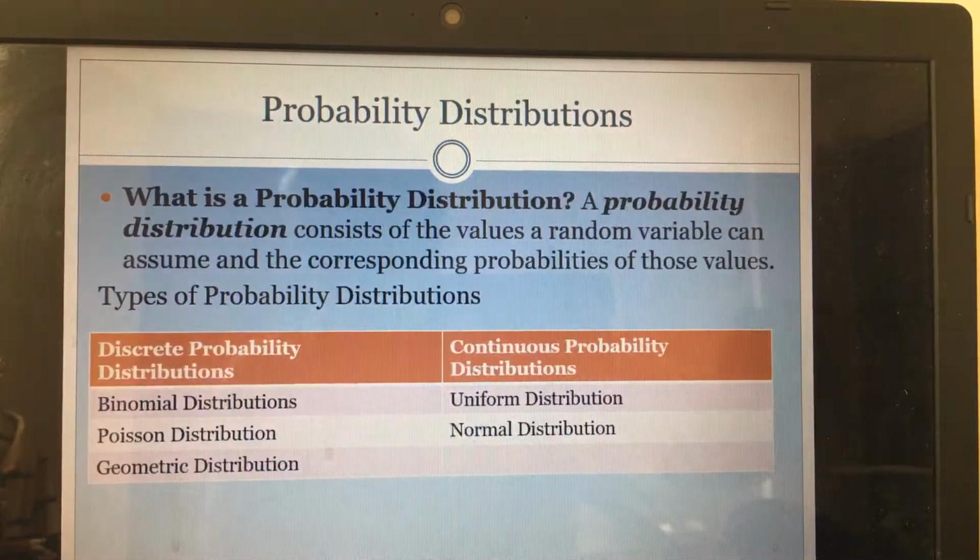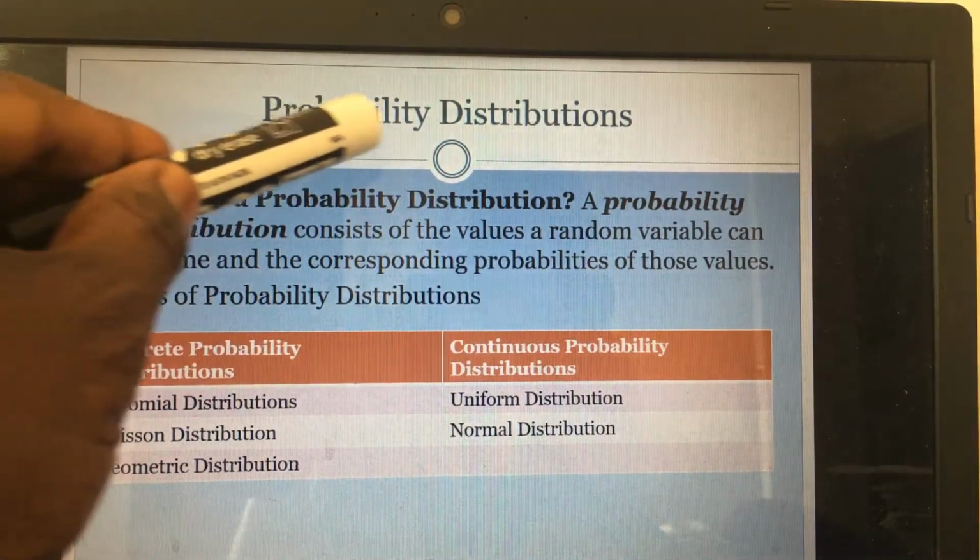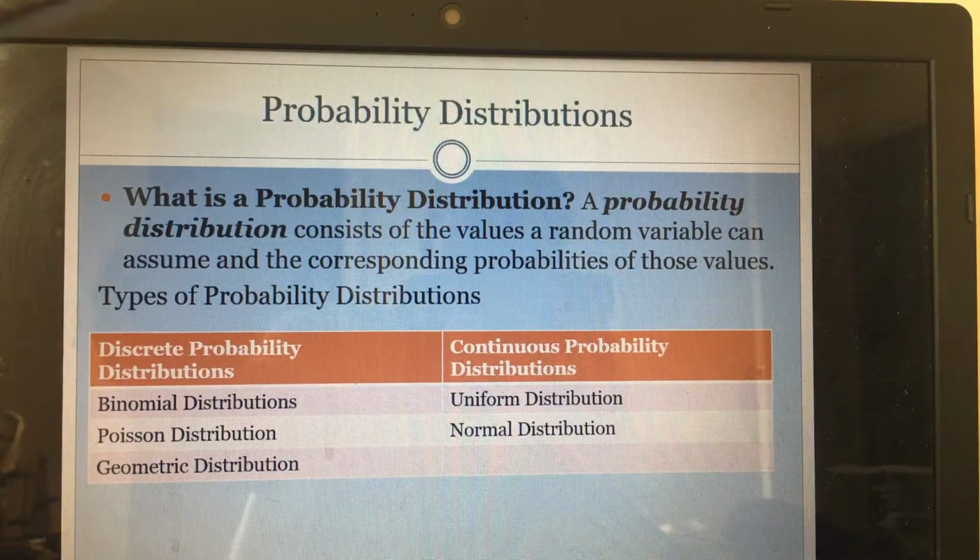Okay. Now, with this background information, I can now explain to you what a probability distribution means. That way you understand it better, because you have been given the background information.